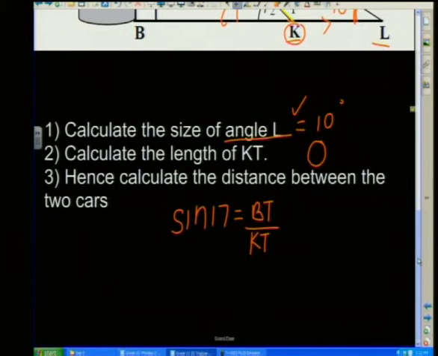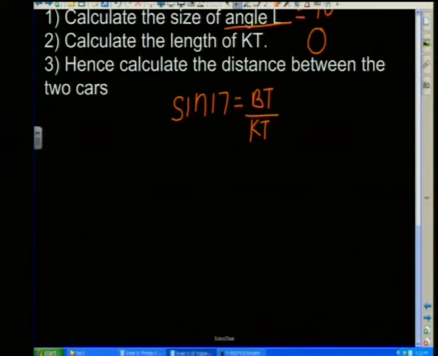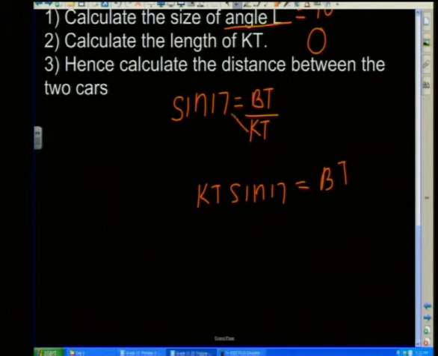Remember we are looking for KT, so therefore we can cross multiply. So I'll get KT times sine of 17 is equal to BT, and all I've done here is multiplied across. And then I'm looking for KT, so I divide both sides by sine of 17.